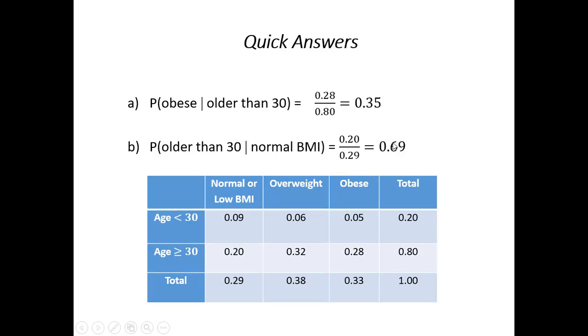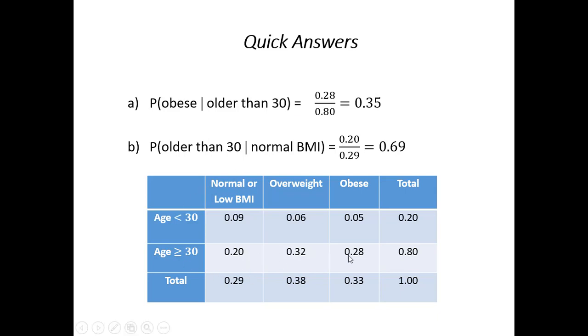Okay, so did you get these answers? The probability a person is obese given they're older than 30. So older than 30 means that we should be looking at this row. Okay, I like to think of this as a smaller sample space, right? We have this complete sample space, but when we look at conditional probabilities, we're reducing the sample space.